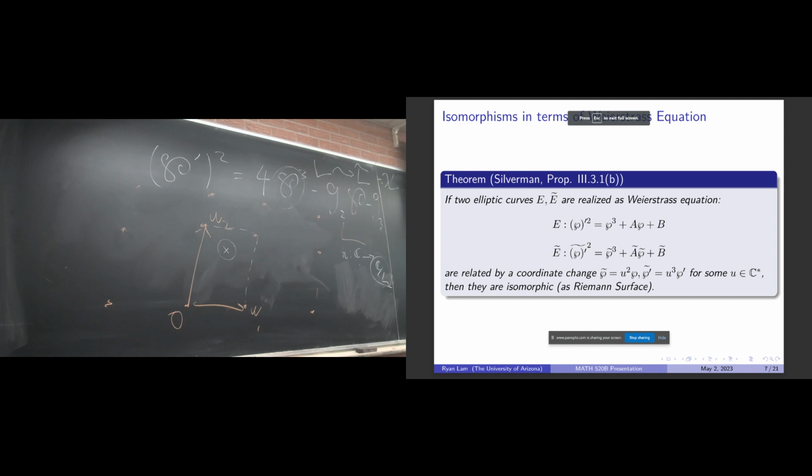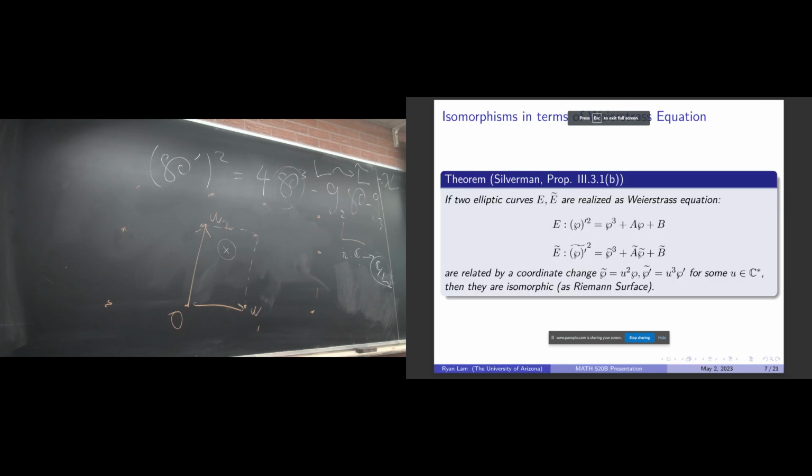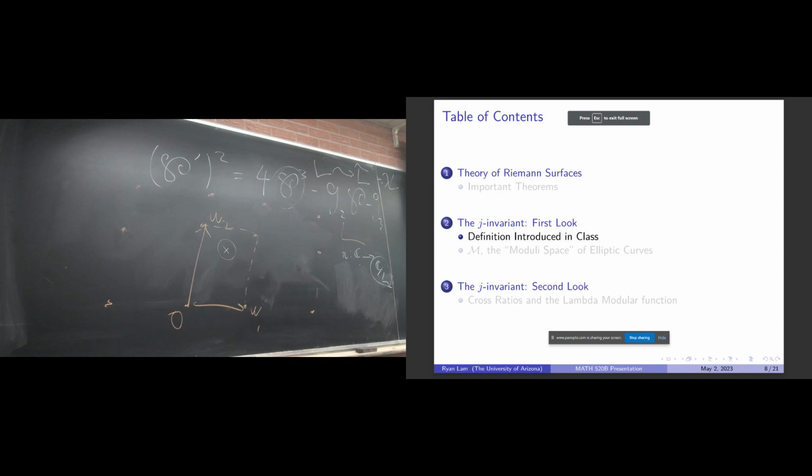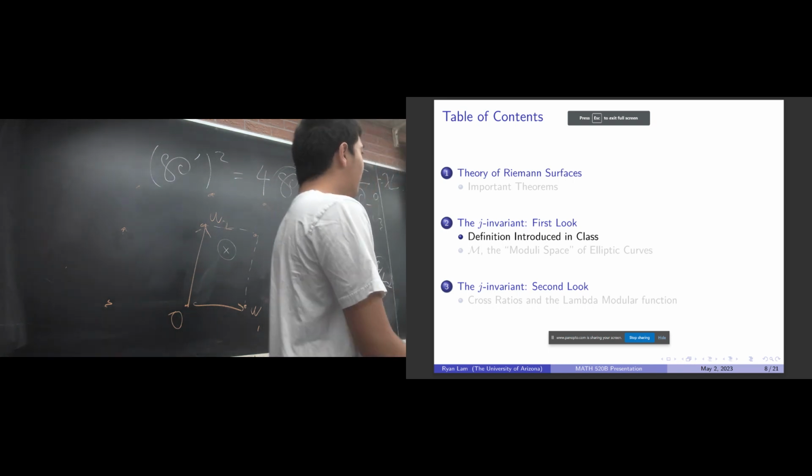But anyways, if I change them by u squared and u cubed, then they are isomorphic as Riemann surfaces. And this is because G2 and G3 are scaled like this, and you can realize the coordinate changes as such. Okay, so here's approximately a lot of the Riemann surface theory that I need.